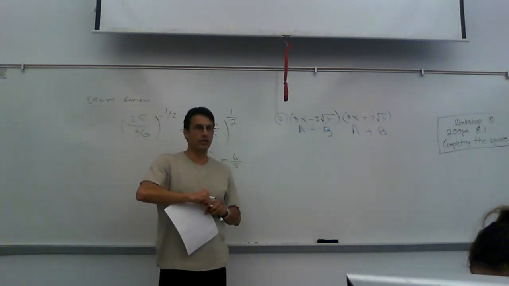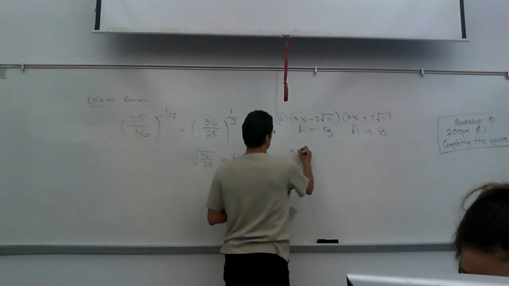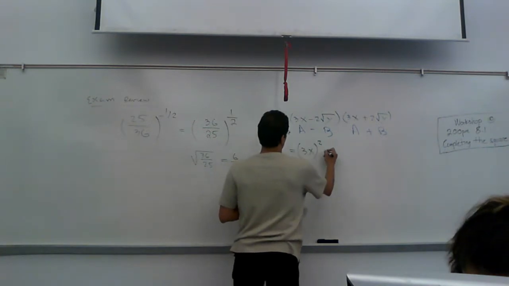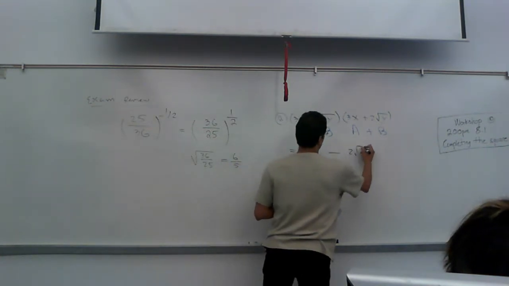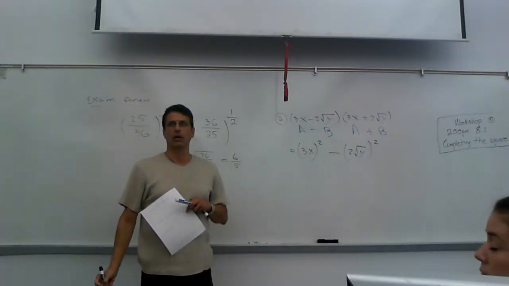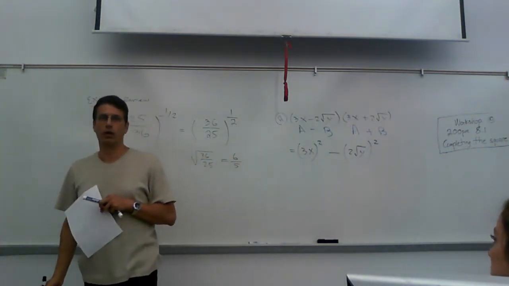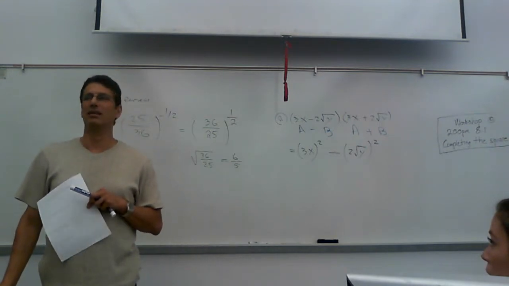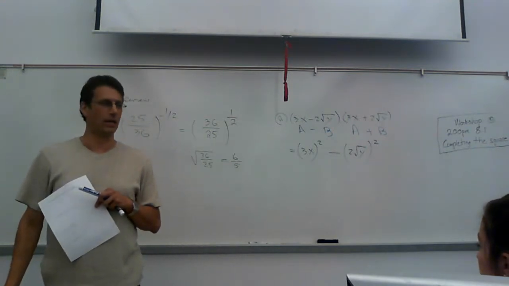So the answer is A squared minus B squared. When you don't use special product, it makes it more difficult to get to the answer.